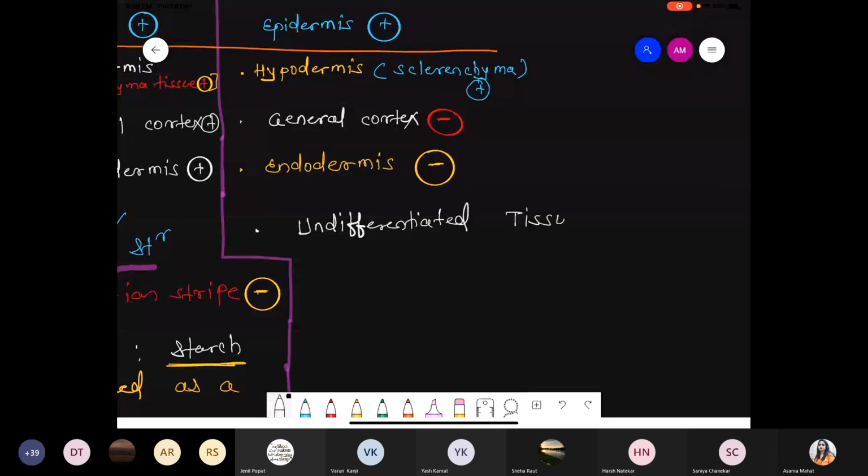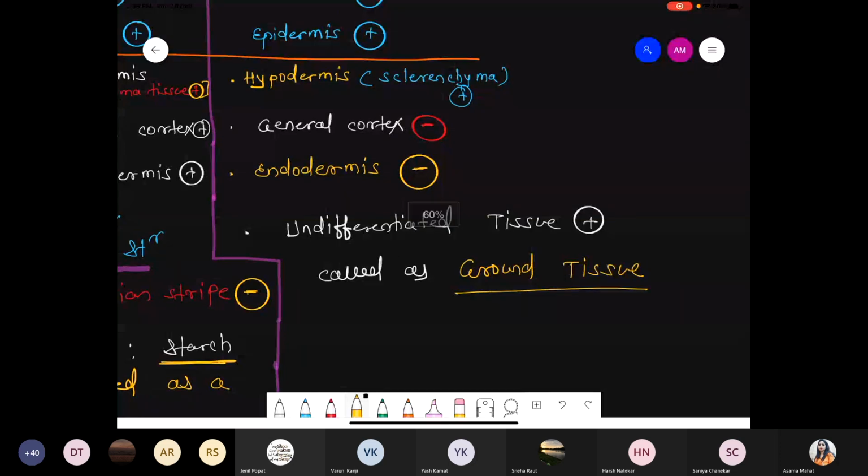Undifferentiated tissues are present, and such type of tissue is simply called ground tissue.